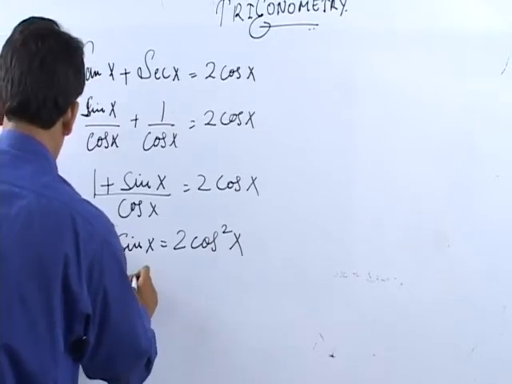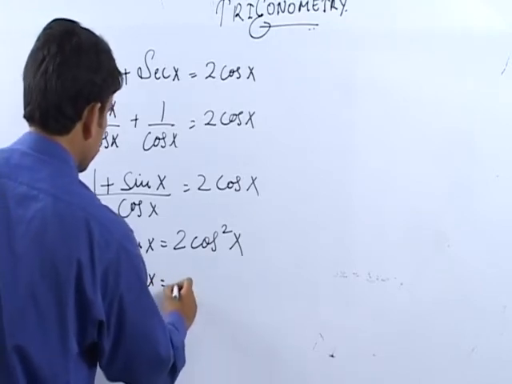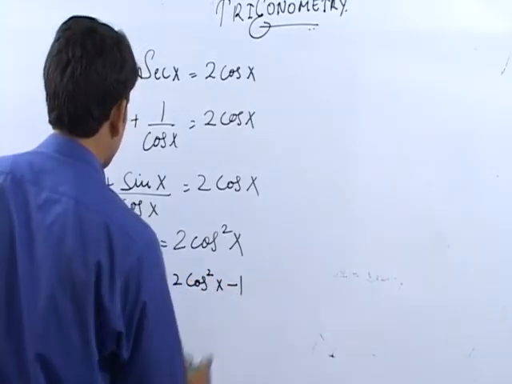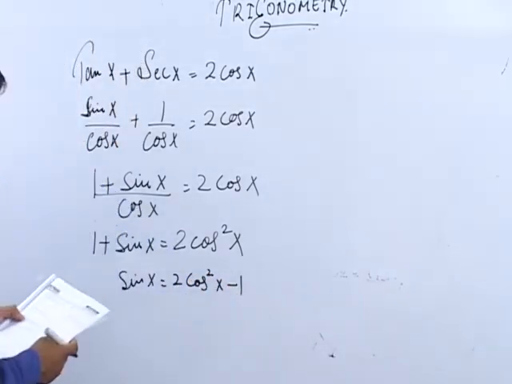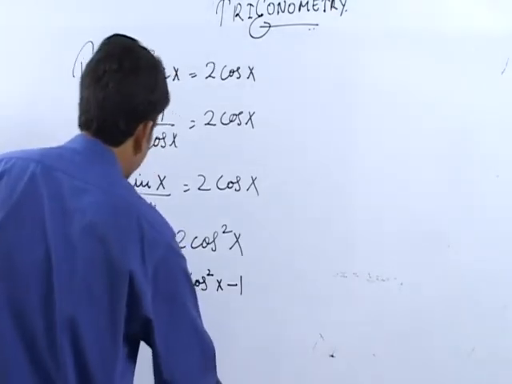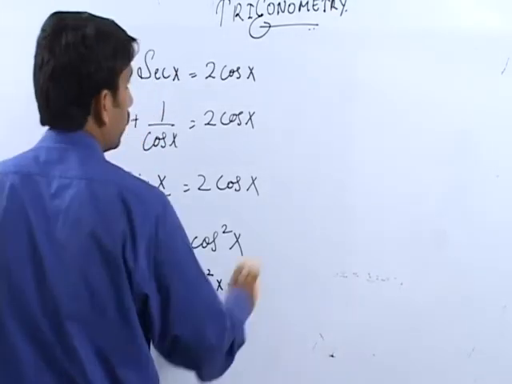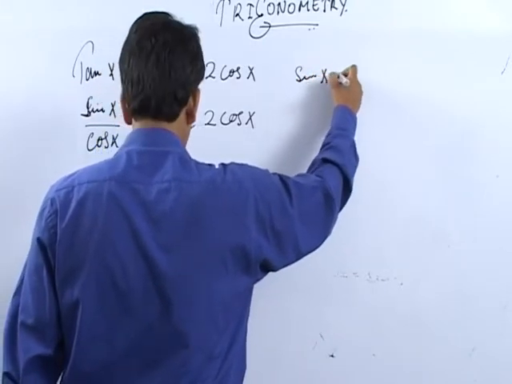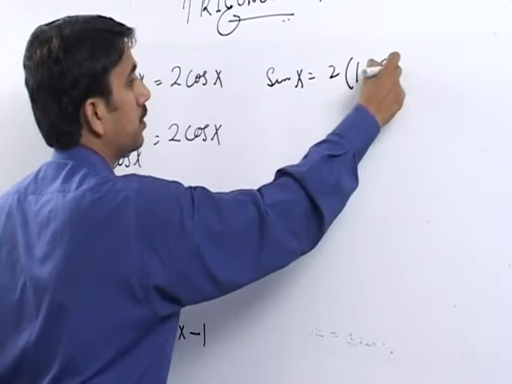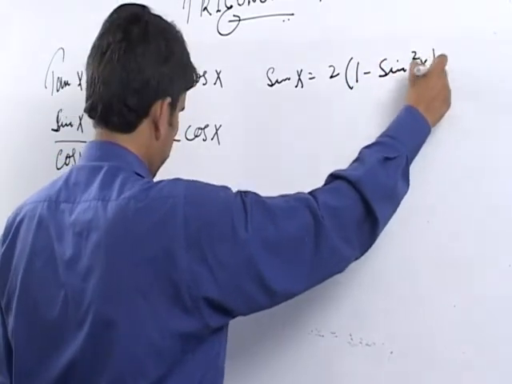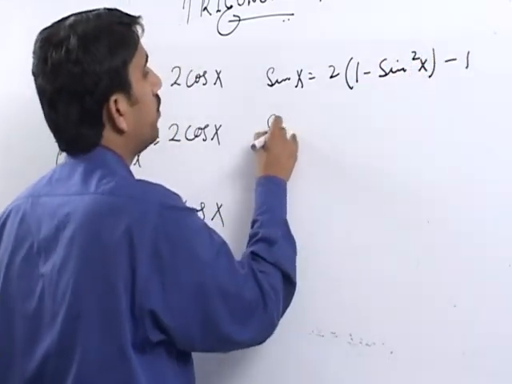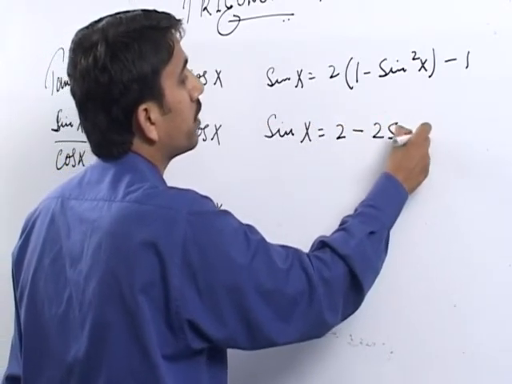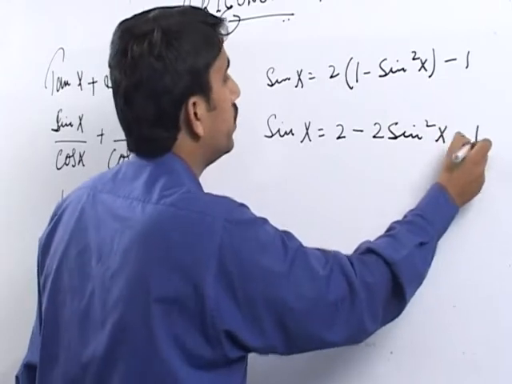sin x is equal to 2 cos square x minus 1. Now here you can factorize it so that this will be sin x is equal to 2 into 1 minus sin square x minus 1, and this will be sin x is equal to 2 minus 2 sin square x minus 1.